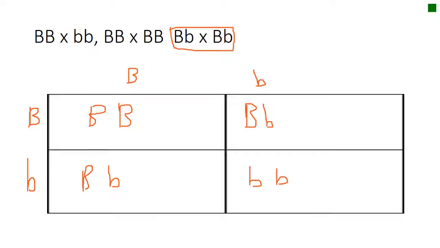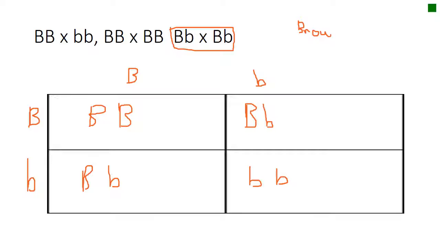75%. You have a 75% chance that a baby that would come from this kind of cross between a parent that is heterozygous big B little b and another parent that's heterozygous big B little b for hair color would have brown hair.